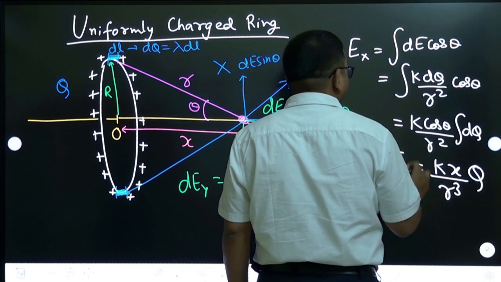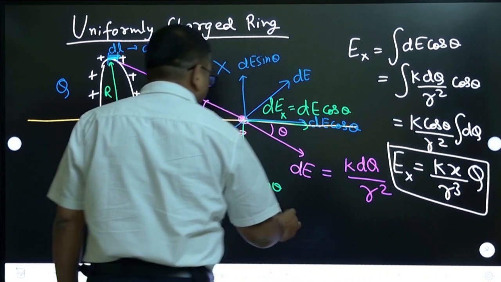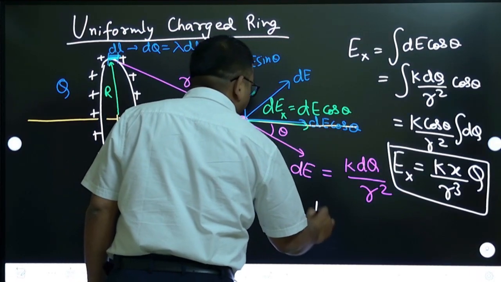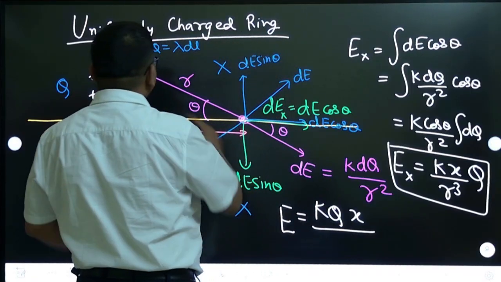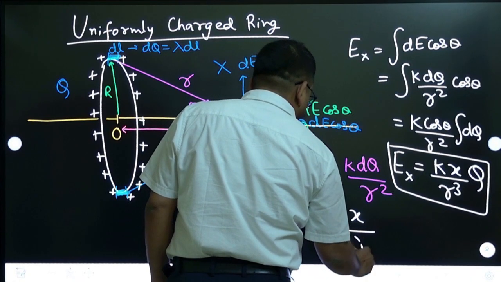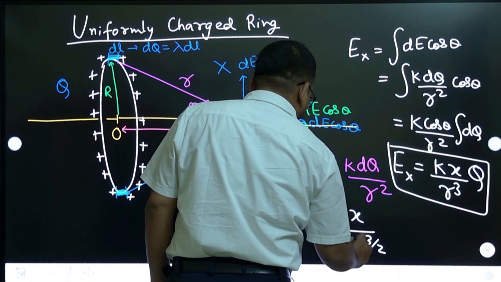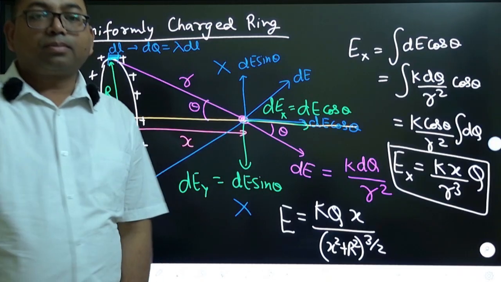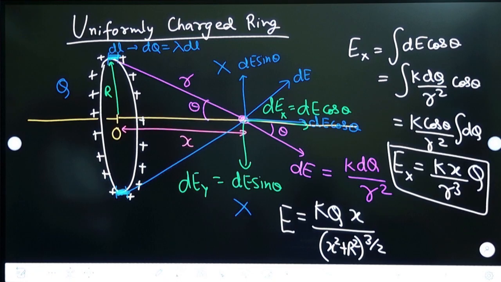This is the net field along the x-axis. Now this field can also be written as kQx by r cubed, where r is the square root of x squared plus r squared, so it can be written as kQx over (x squared plus r squared) to the power 3 by 2. Clear? Right, so like this we can write it.